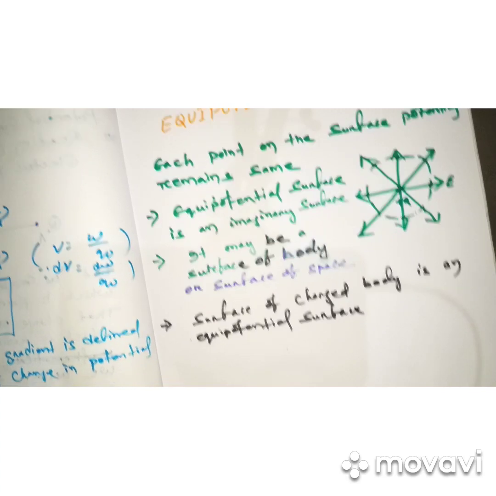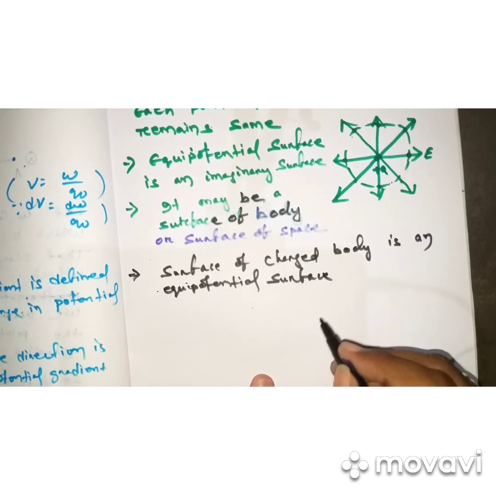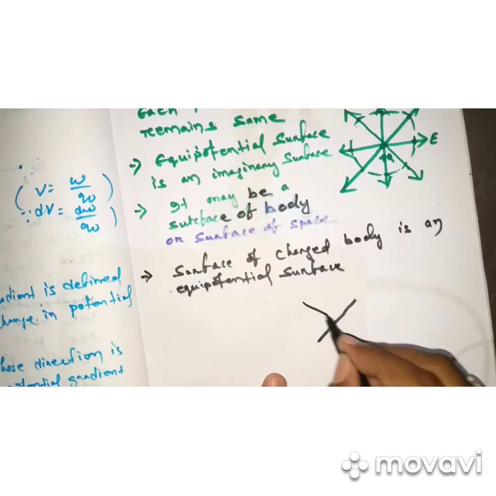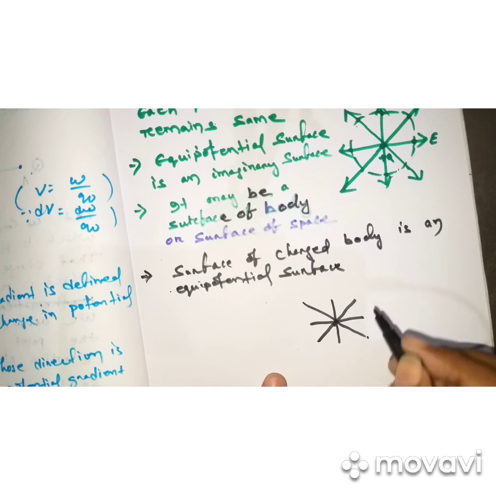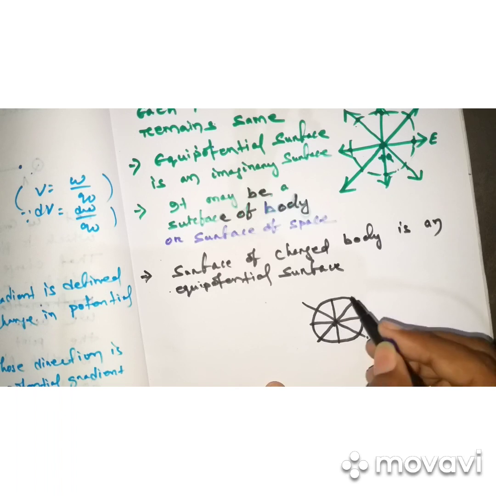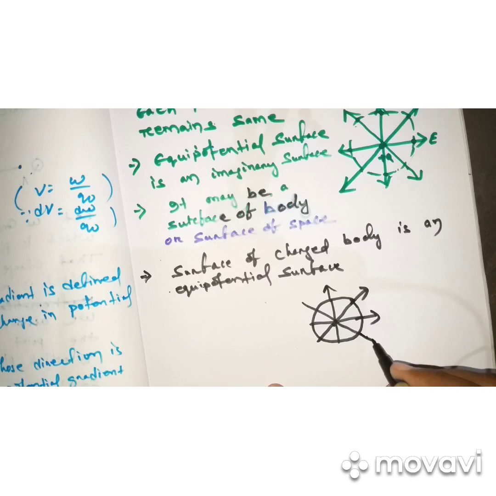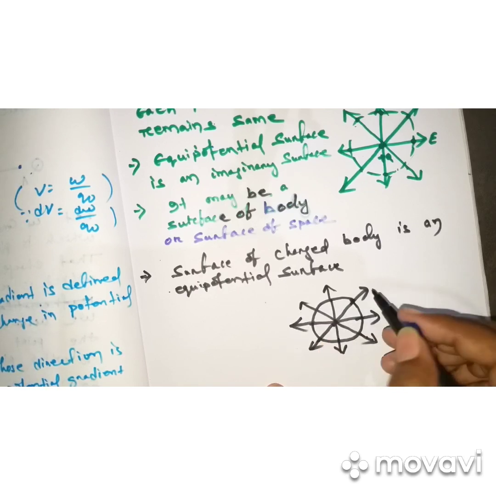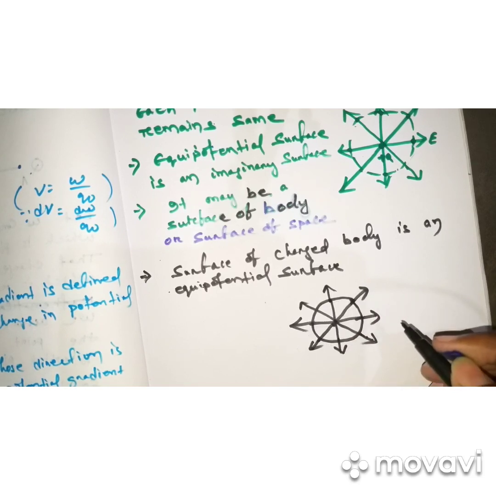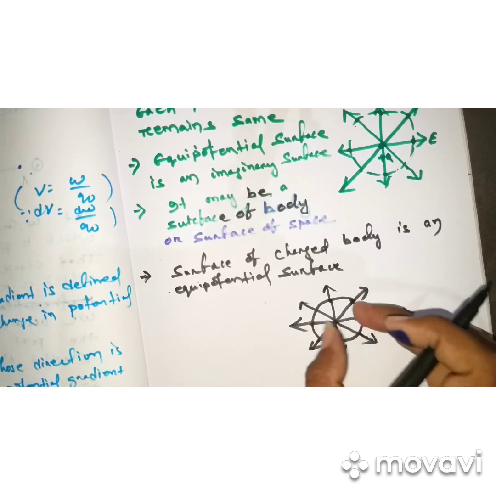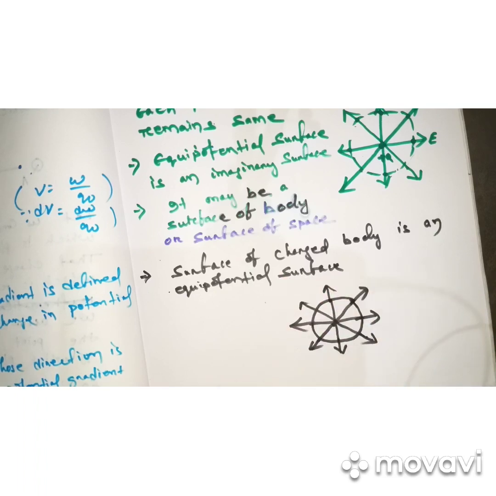Means if you assume a spherical body, so this is the spherical body, each point on that body, potential remains constant. So that body whose surface behaves as an equipotential surface, that means potential remains constant. Clear?